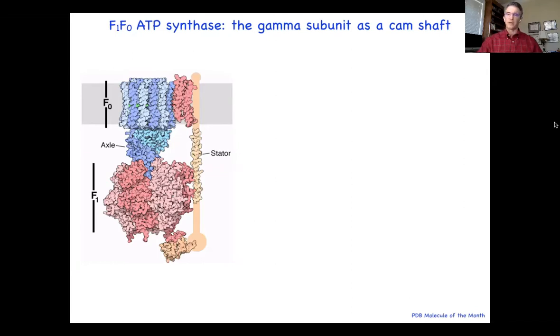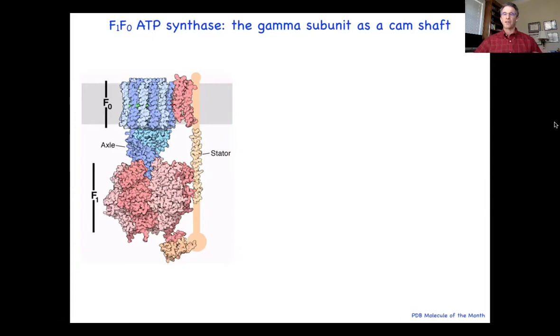And the base of the gamma epsilon stalk is stuck very tightly to that F0 ring. So when the F0 ring spins, the gamma epsilon stalk is going to also spin. This is sometimes known as the rotor of complex 5, the F0 ring and the gamma epsilon stalk. Some people also will call the gamma epsilon stalk the axle of the motor, right?